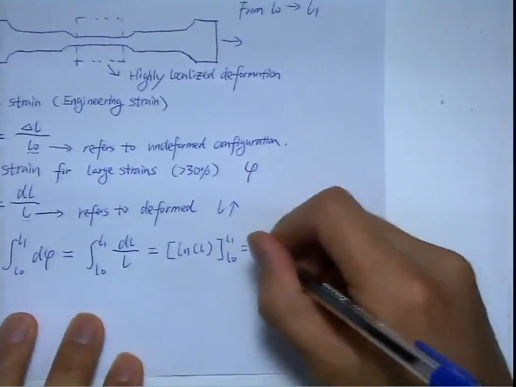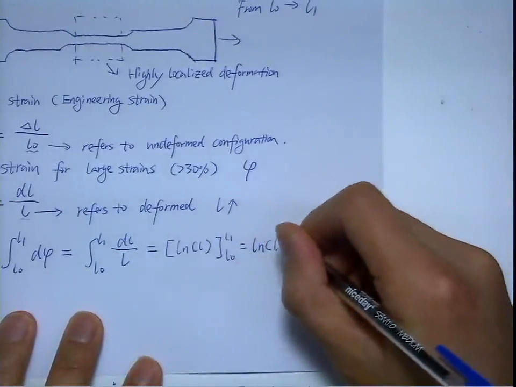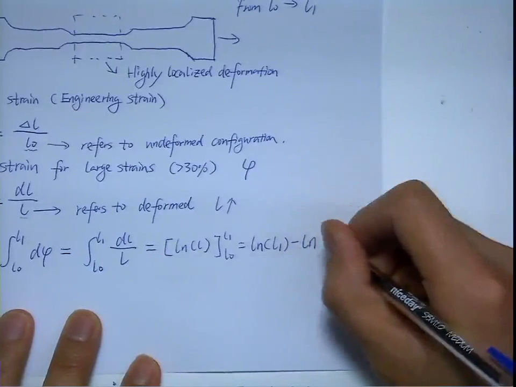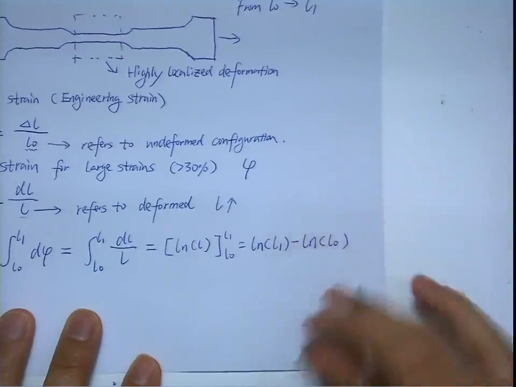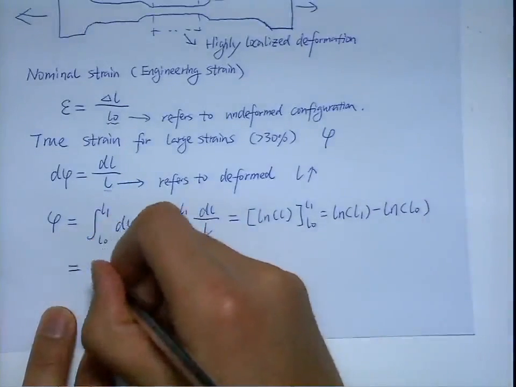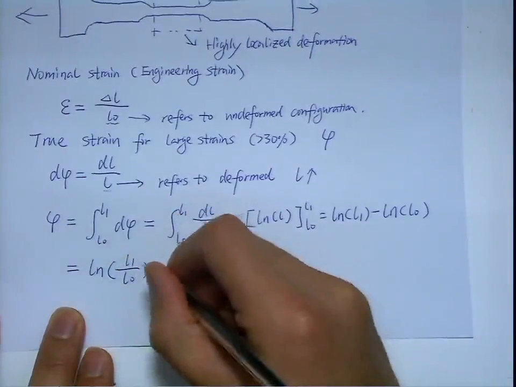So that is ln L1 minus ln L0, and this is equal to ln of L1 over L0.